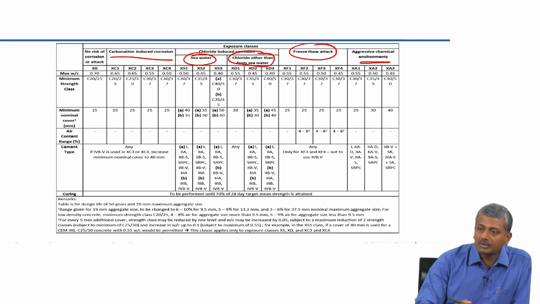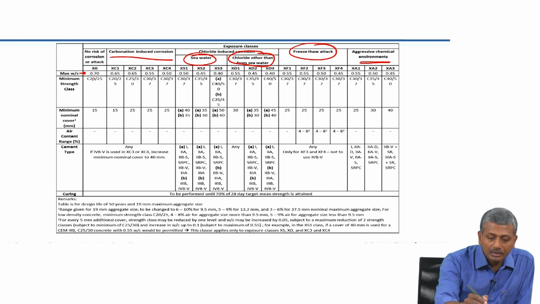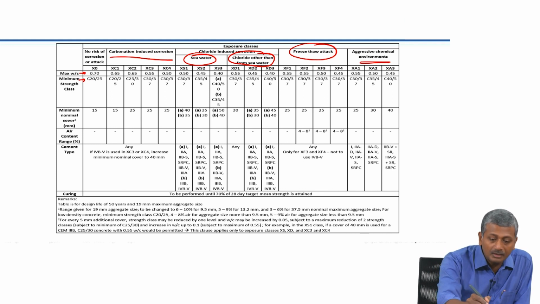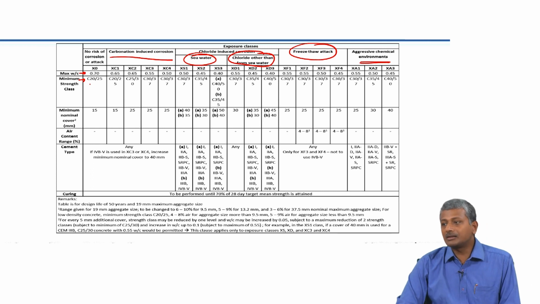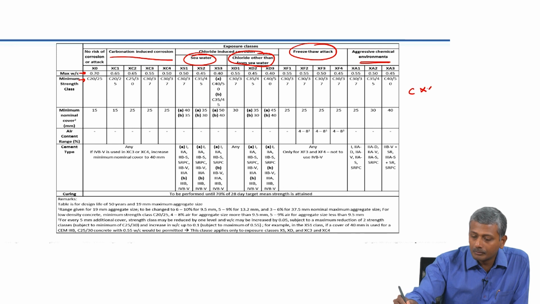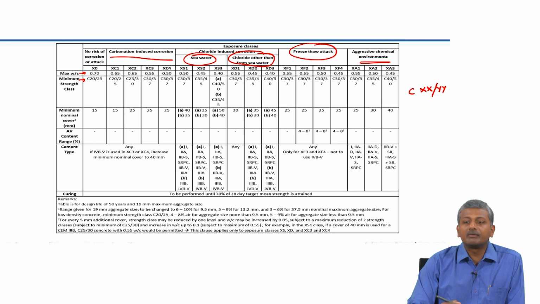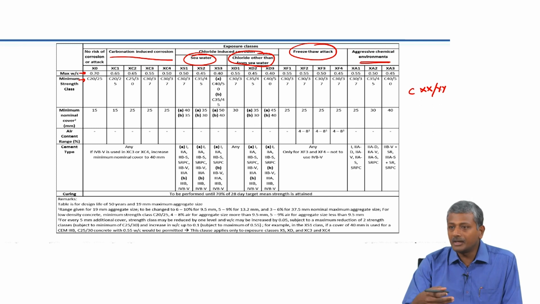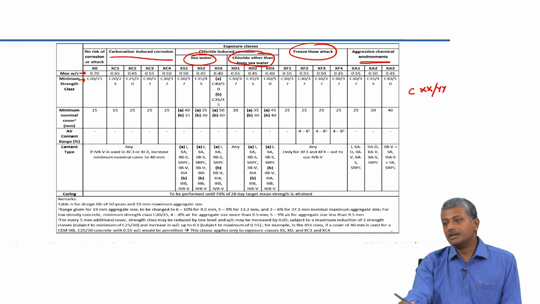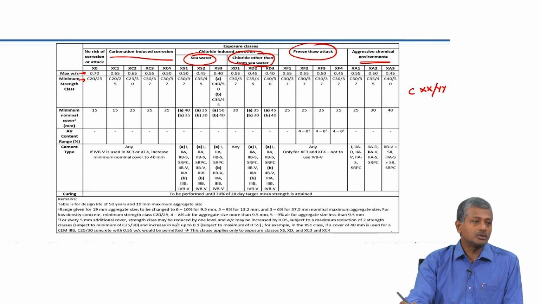So, here what the European classifications do is that they give you the maximum water to cement ratio to be used in these environments, the minimum strength class of the concrete, and that strength class is specified in terms of C followed by two numbers, and this C basically means the concrete strength grade, just like we have M in India, they use C. But then 20, 25, when it says 20, 25, 20 is the strength measured on cylinders and 25 is the strength measured on cubes.